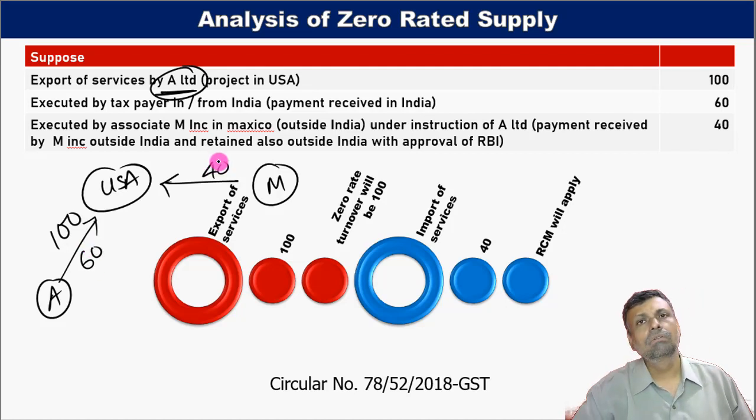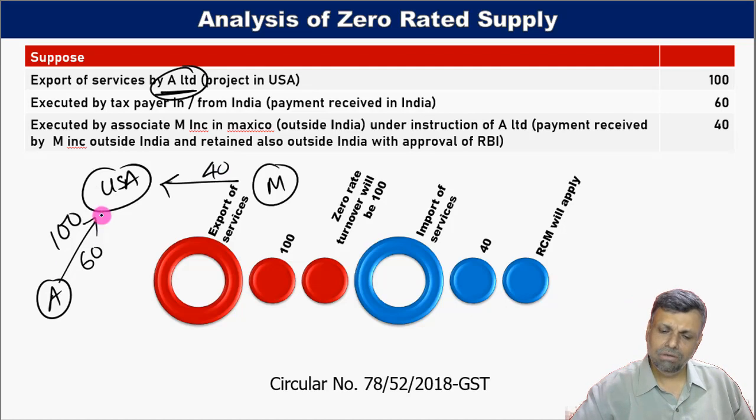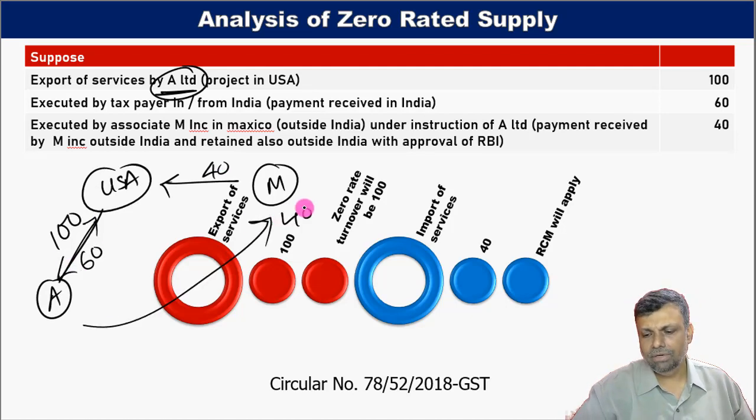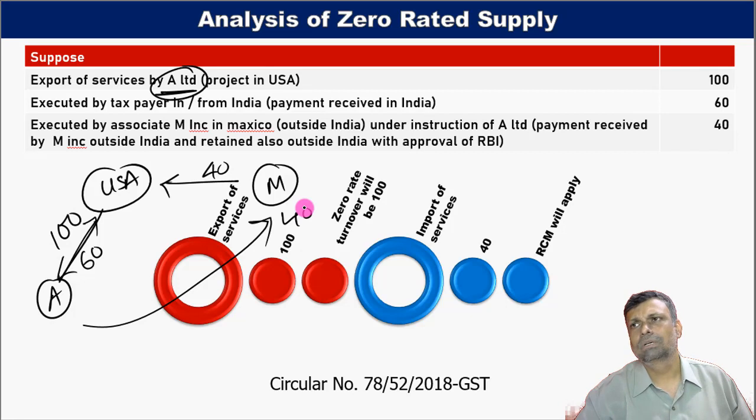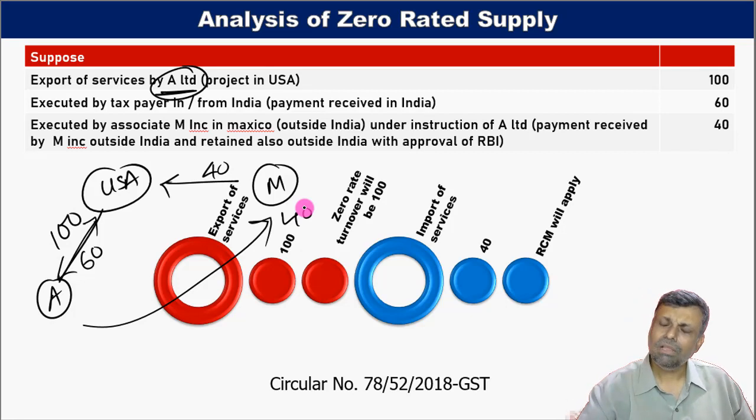So at least my customer will get the full 100 of the services, and then my customer will be satisfied. And when I receive 100 from my customer as payment, then I will pay you your remuneration, say for example 40. So this is how I transact. So basically it's my contract for 100, but I do some international subcontracting, and I tell that another person, okay, you do that particular work.